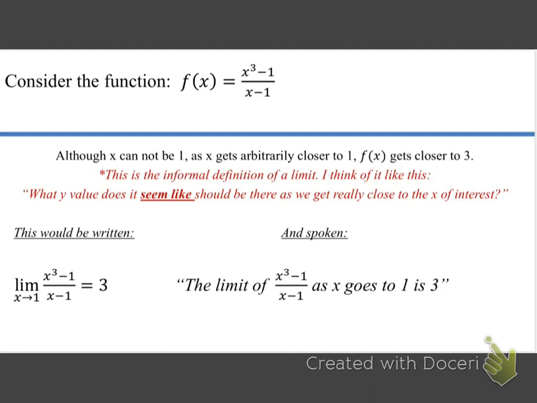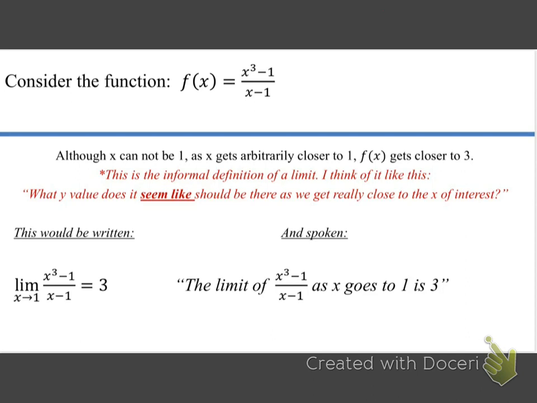So on the last slide, we saw how this function behaves as we approached x equals 1. We know that we can't plug x equals 1 into the function, but limits have to do something a little bit different than function values. I phrase it like this: limits seem like the y value of what should be there as we get arbitrarily close to the x value of interest.